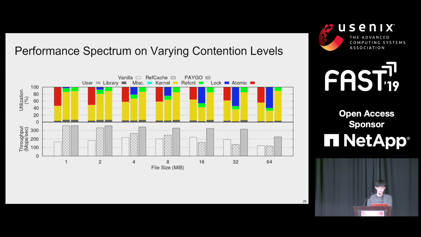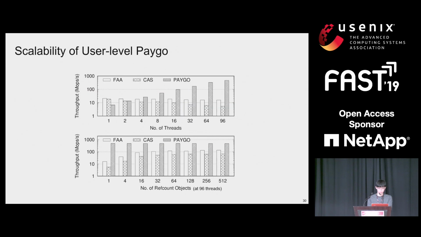The most noticeable result is the sharp throughput decrease in refcache as the file size grows, which clearly shows the negative effect of a large time overhead on scalability. PayGo effectively addresses the problem and underwent no performance overhead for that issue.